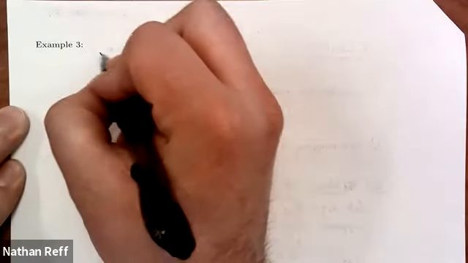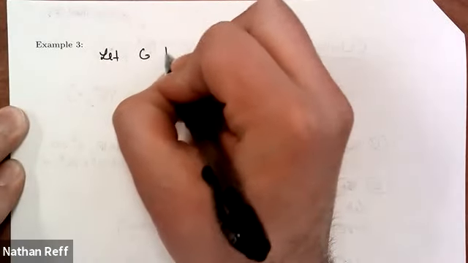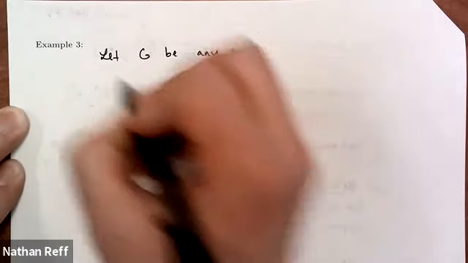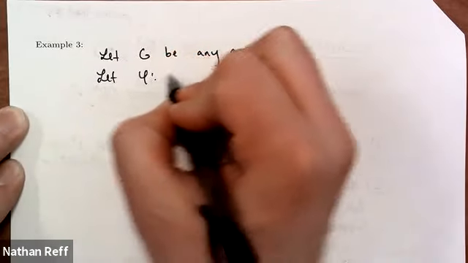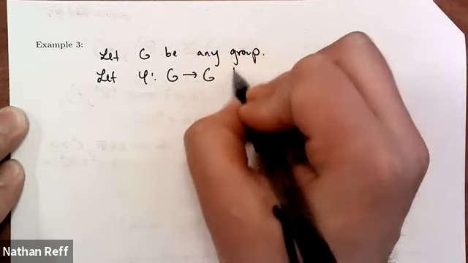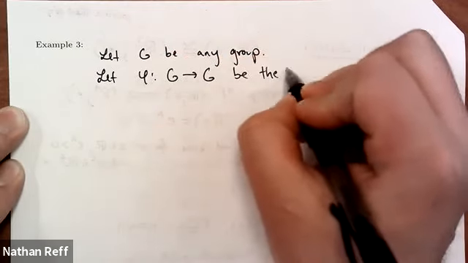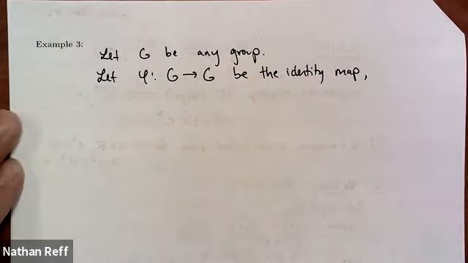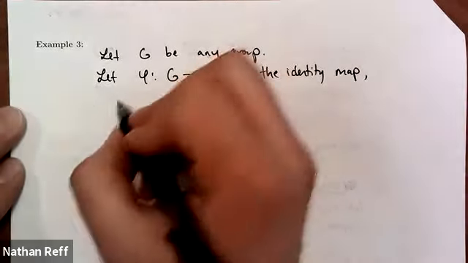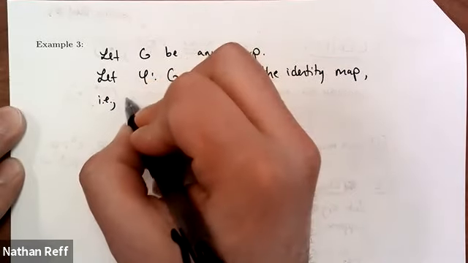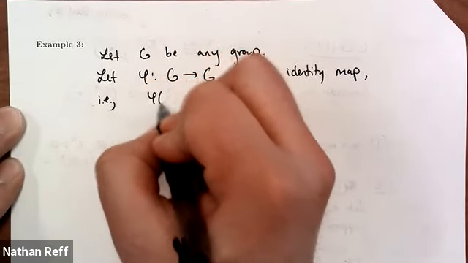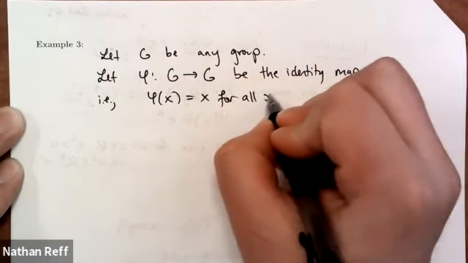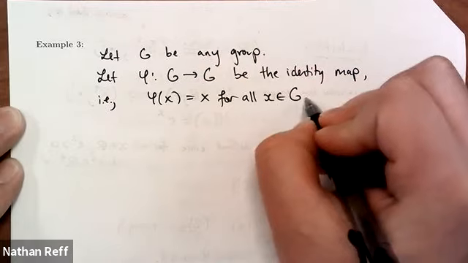Okay, now let G be any group, and let phi from G to G be the identity map, i.e., phi of x is just equal to x for all x in the group, right?